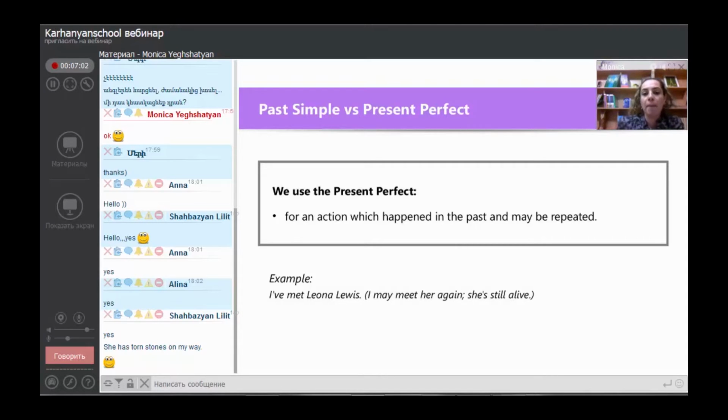We use I met because we know that she's not alive now. She's dead. So we can't see her again. But I have met Leona Lewis. She's a singer. She is alive. And maybe one day we will meet her again. Okay? Is everything clear?